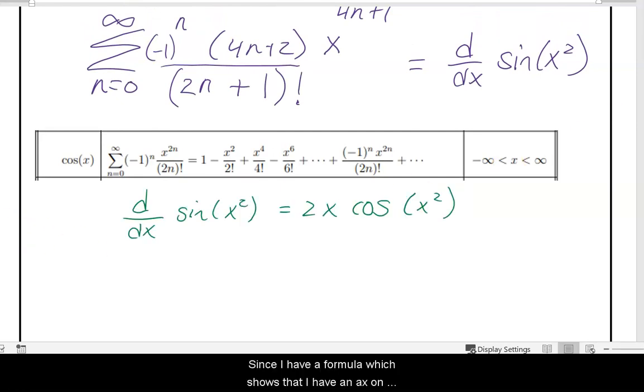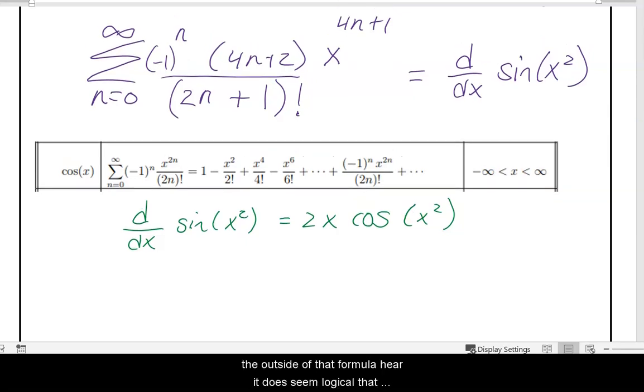Since I have a formula which shows that I have an x on the outside of that formula here, it does seem logical that we should pull one of these x's away from x raised to the power 4n plus 1 and pull it to the outside of the summation. Let's go ahead and do that step next.